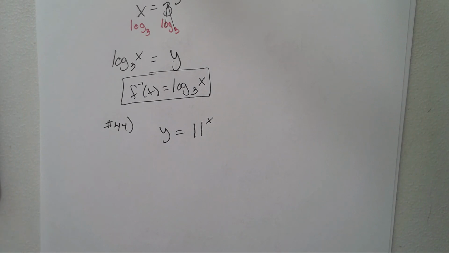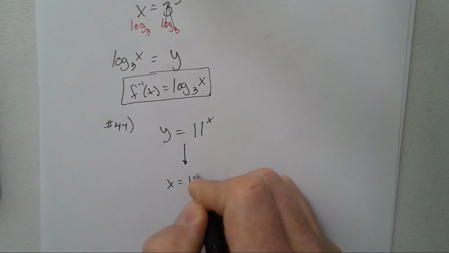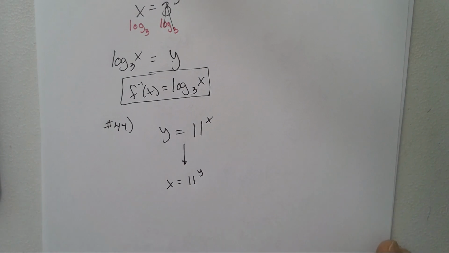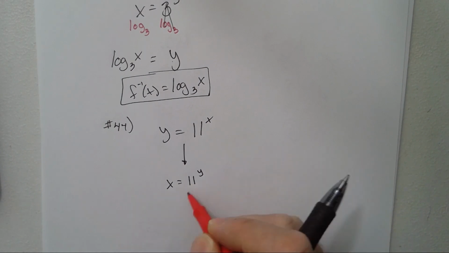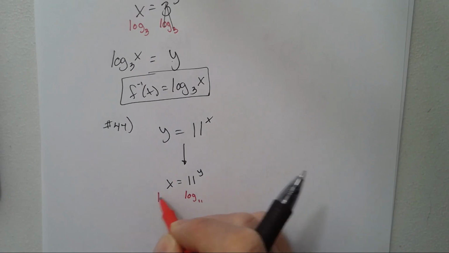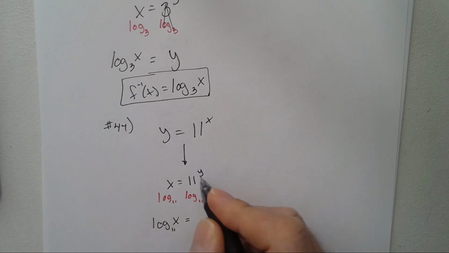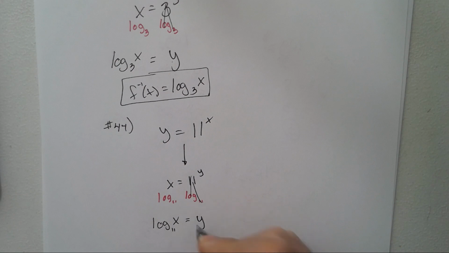So it'll now be x equals 11 to the y, and now solve for y. So the base is 11. To undo 11 to the power, we do a log base 11. So it's the log of x base 11 equals y, and that's our inverse. So f inverse of x equals the log of x base 11.